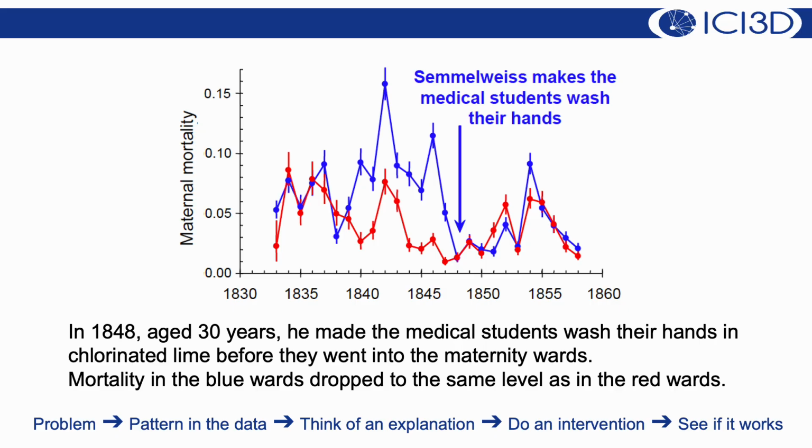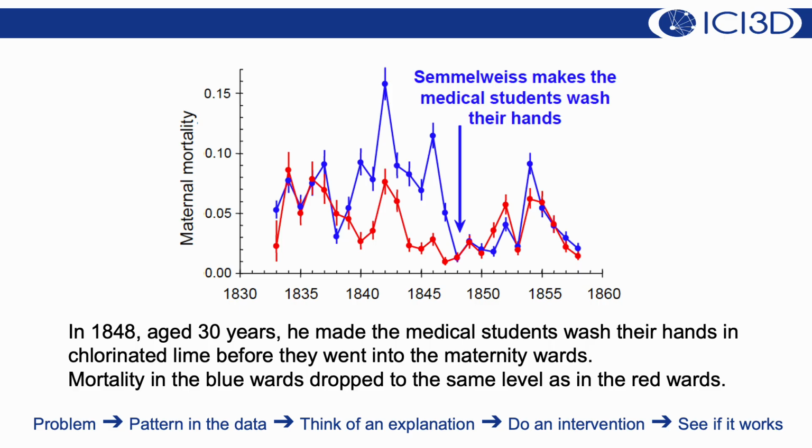Now, before we leave this slide, let's just think a little bit about it. Okay, so what I haven't mentioned is that each one of these dots is giving you the estimated maternal mortality, and that's just a simple ratio of the number of women who died out of the total number giving birth in that particular year.